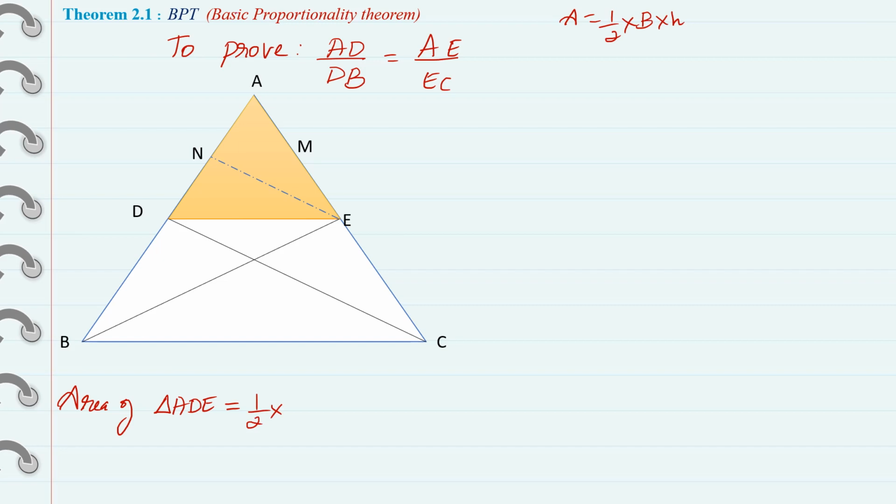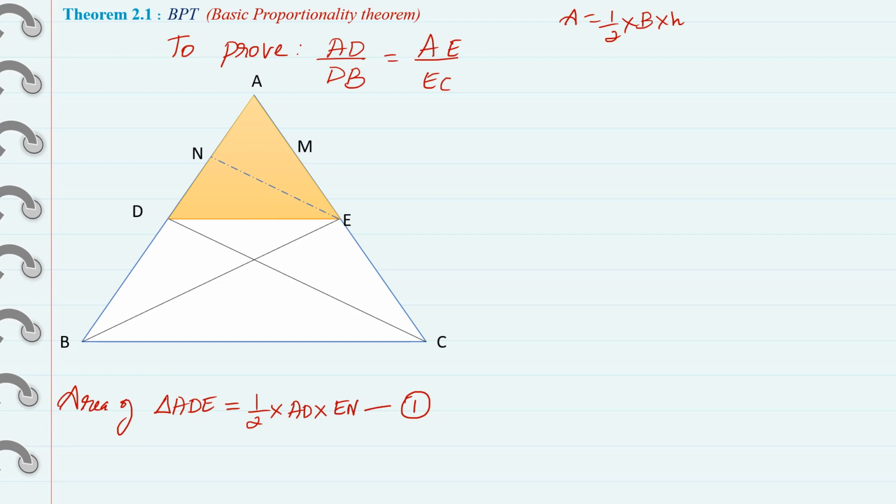I have to concentrate on AD because we have to concentrate on the AB side, right? So I'm going with AD as the base. Next, what is the height? Height is EN. EN is the height of the triangle ADE, so EN is perpendicular to AD. Correct? That is the height of the triangle. That is equation number 1.